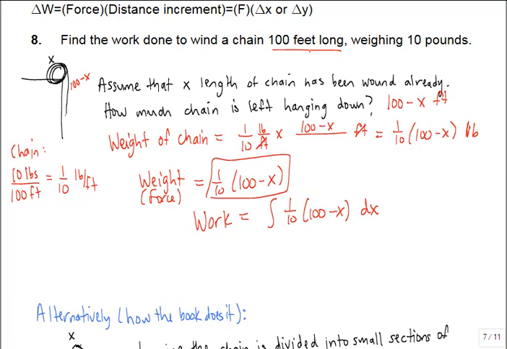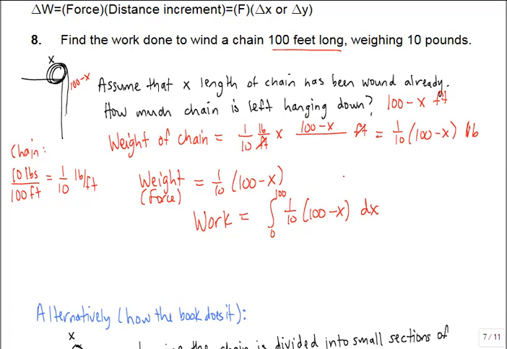It's a 100-foot long chain, so I initially am going to start with 0 length of chain wound up, and I want to eventually end up with 100 feet of chain wound up. So x needs to range between 0 and 100. Okay, so we want to wind up that whole length of chain, so we want to go from 0 to 100. So there's our work integral.